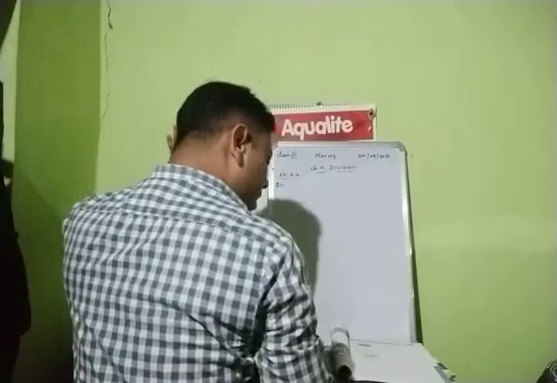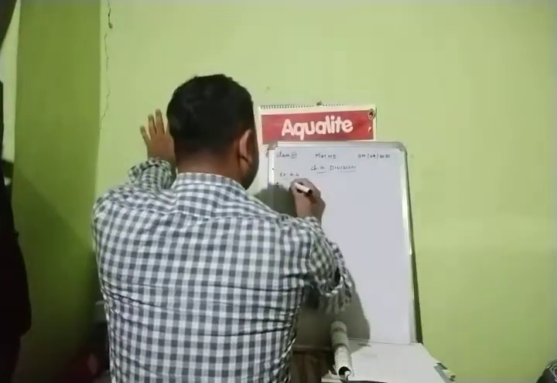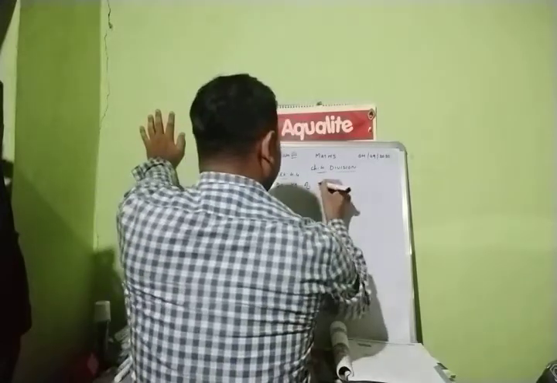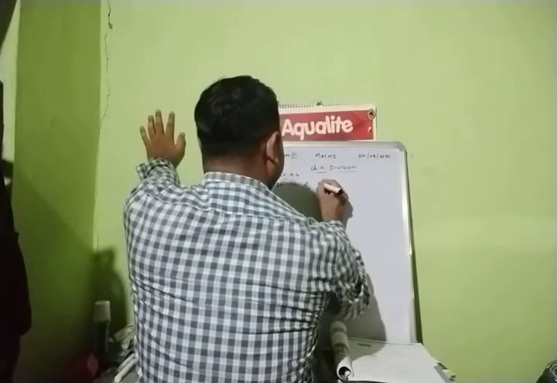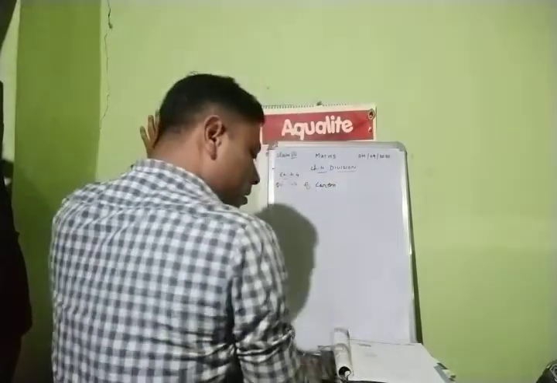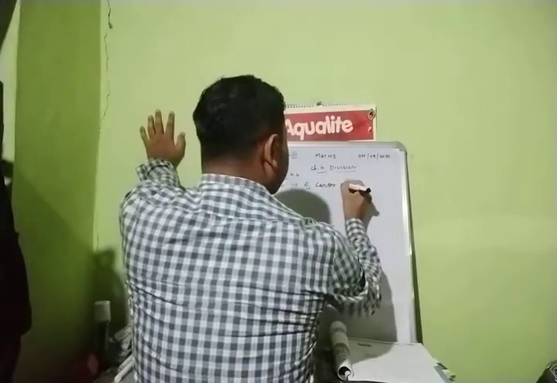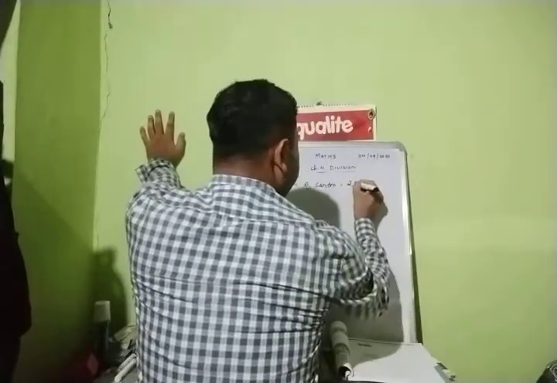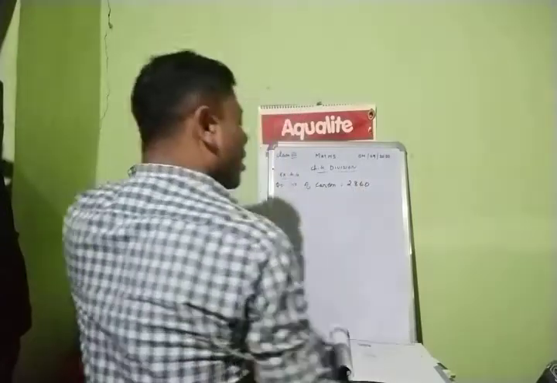Okay. So first of all we will write number of cartons of apple. How many cartons were there? 2860 cartons were there of apples.